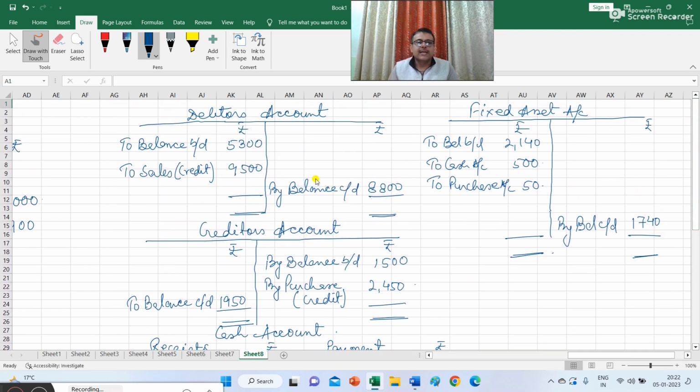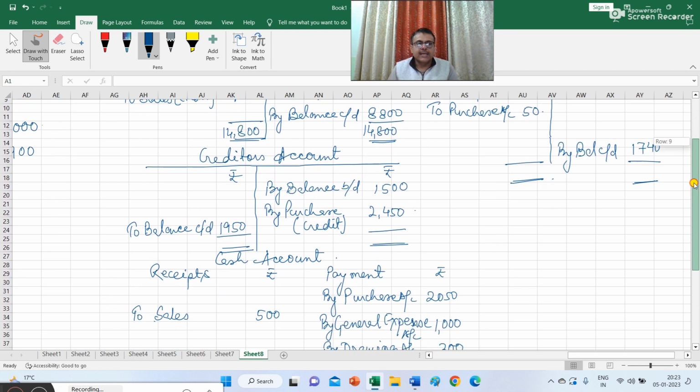The first ledger to close is the debtor account, and you have a balance on the credit side, regarding the cash collection from debtors, which is the balancing figure, and the amount is rupees 6,000. So total of debit and credit side is 14,800. And the cash collection from debtors will be recorded in the cash account.